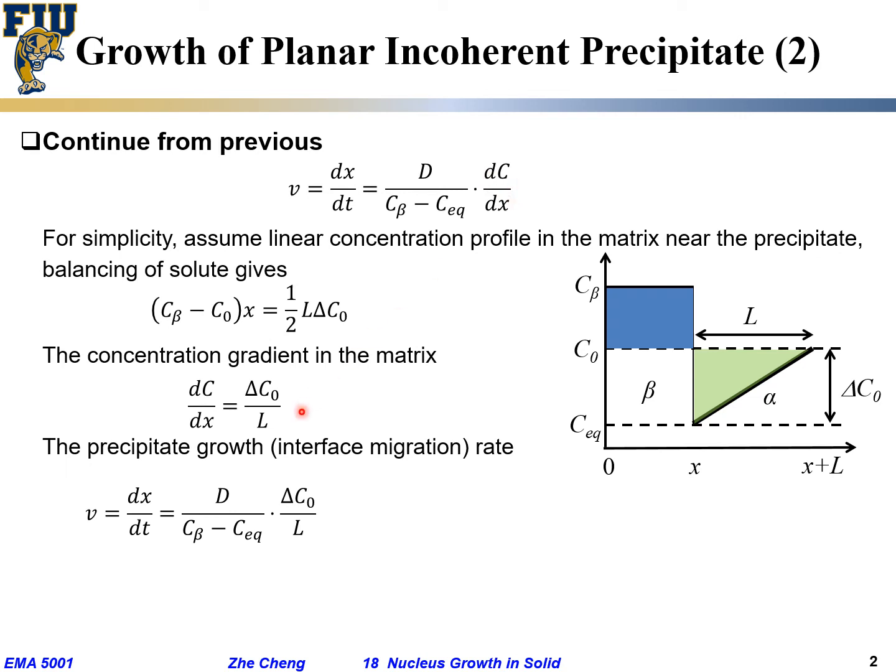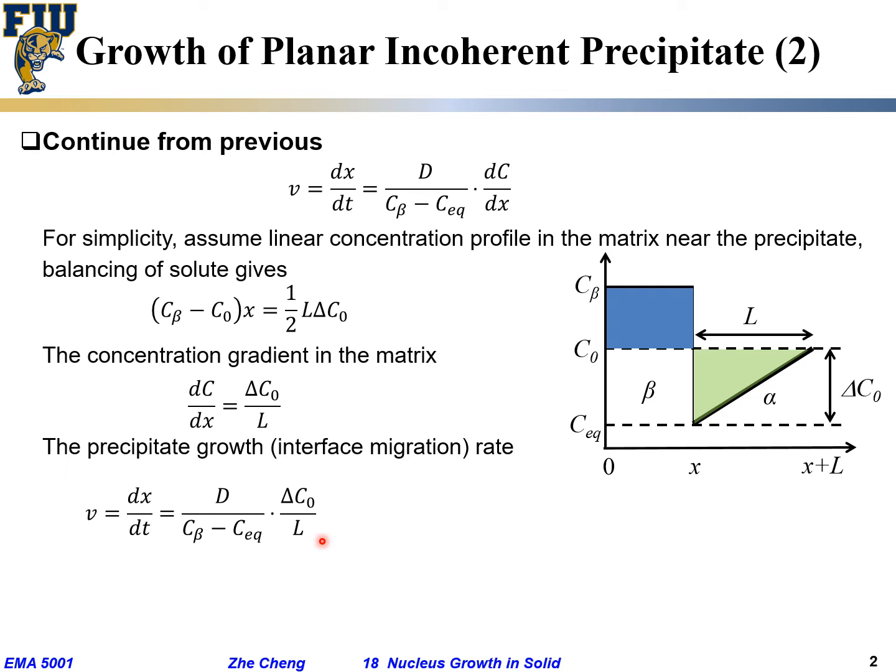For dc over dx, we are going to write it instead, using the linear approximation, as delta C0 divided by L. So for this equation, we are essentially replacing the concentration gradient term by this delta C0 over L term, okay, because of the simple linear concentration profile within the matrix that we assumed.